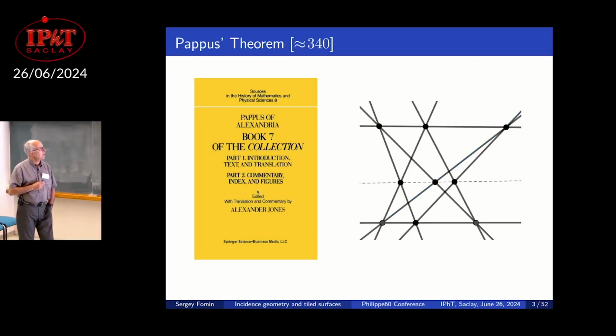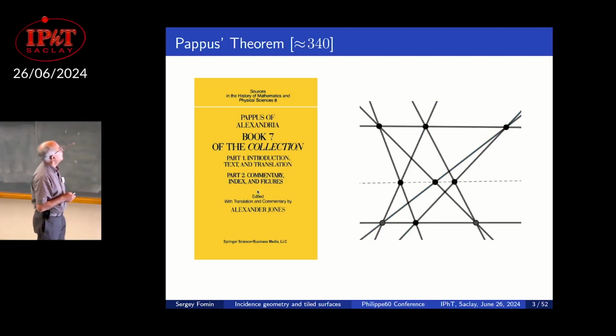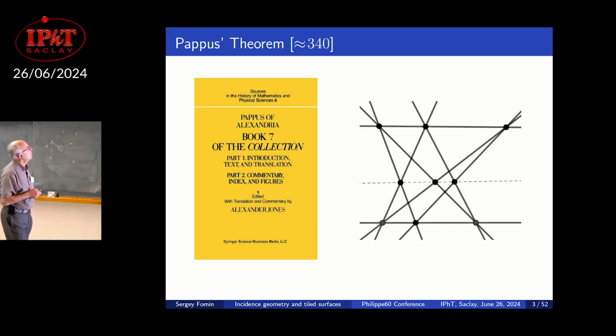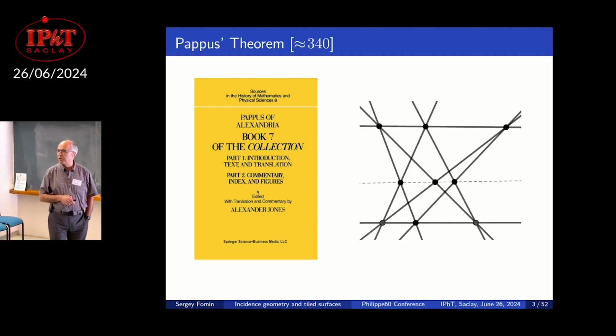So historically, the first result of this kind goes back to year 340, Common Era, Pappus of Alexandria. You take any two lines in the projective plane, you pick 3 points on one line, pick 3 points on the other line, you connect them the way shown here, and then these 3 points of intersection lie on a line.